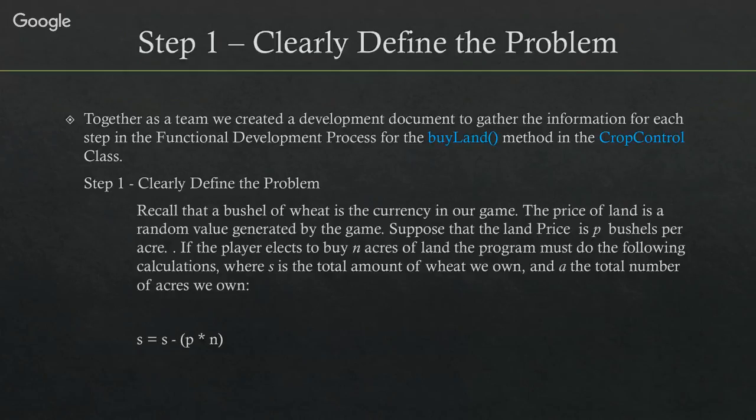The price of land is a random value generated by the game. Suppose that the land price is P bushels per acre. If the player elects to buy N acres of land, then the program must do the following calculations, where S is the total amount of wheat we own and A is the total number of acres we own. So S equals S minus P times N is our formula, and we need to integrate that into our code.